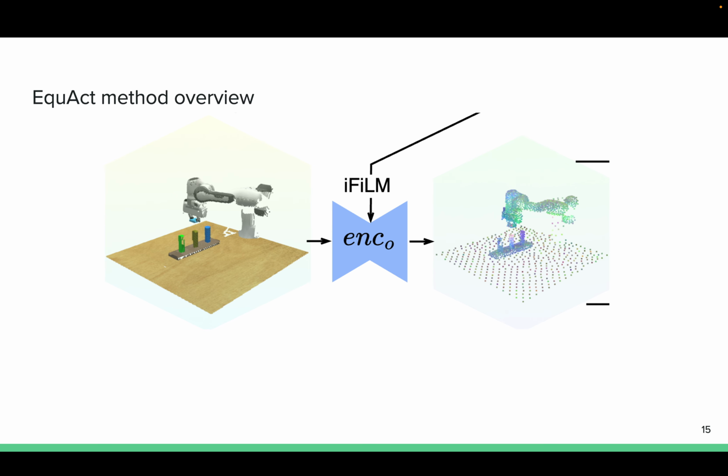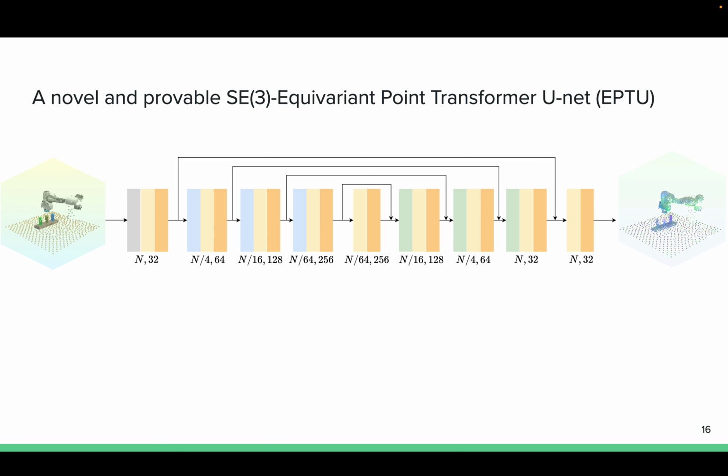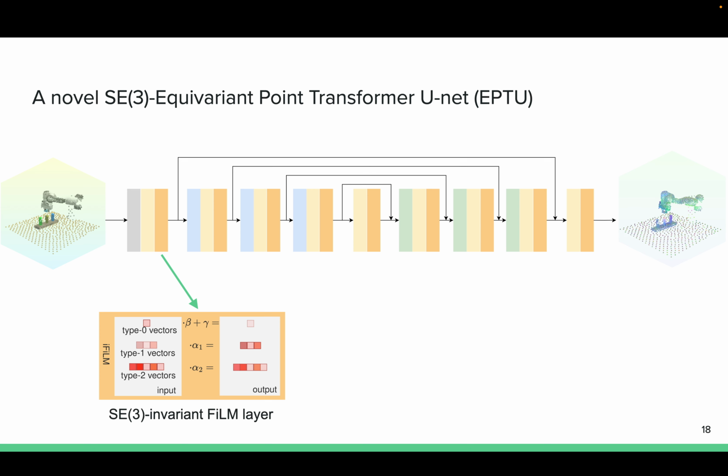Now let's focus on the point cloud encoder. EquAct proposes a novel SE3 equivariant point transformer unit, which consists of multiple down convolution layers and multiple up convolution layers. Here the gray block is a standard multi-layer perceptron block, and this light yellow block is a standard EquiformerV2 block.